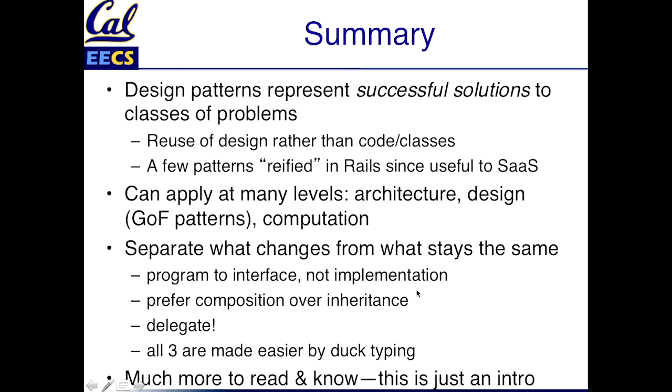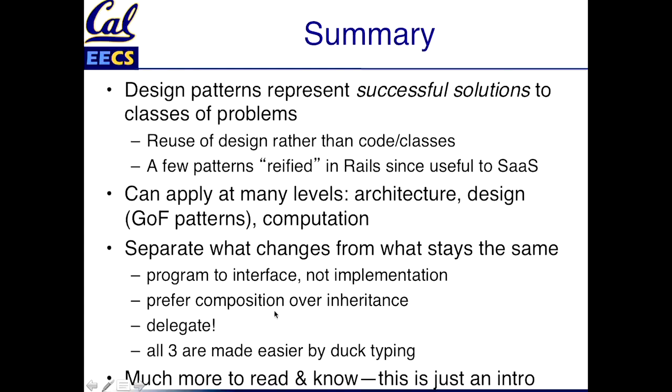We saw that when you're trying to reuse behaviors, inheritance is not always the right way to do it and can even lead to problems like lack of Liskov substitutability. And many times, the better solution is to have composition, right? Have an object that has as its component an object of a more basic type and can then, in some cases, delegate behaviors to the more basic object. And all 3 of these, the expression of them and sort of the mechanics of how you do them are made easier by duck typing.